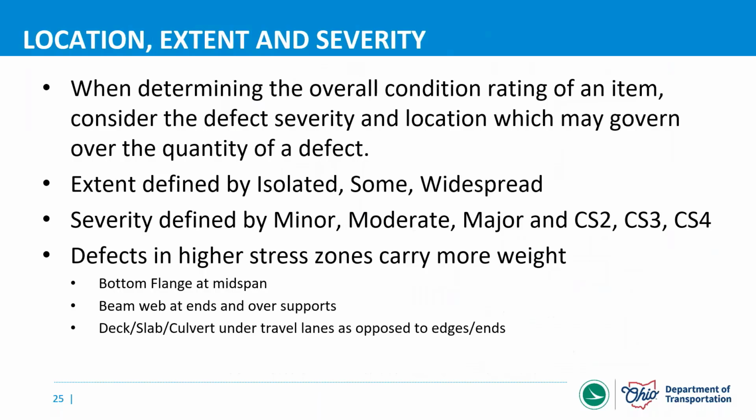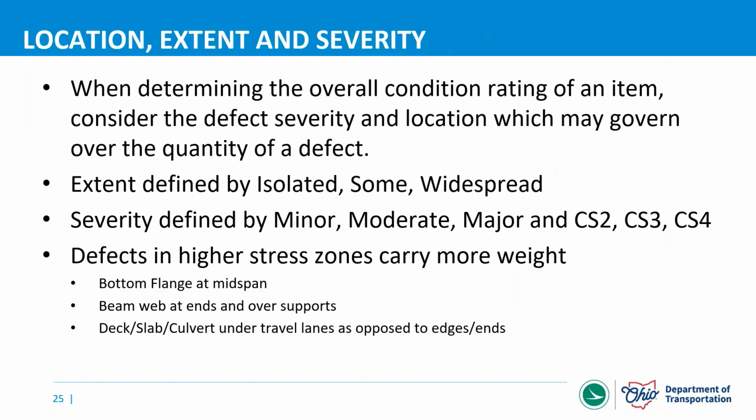So touching on location, extent, and severity. When determining the overall condition rating of an item, consider the defect severity and location, which may govern over the quantity of a defect. So the extent is defined by isolated, some, and widespread. Those are terms straight from Federal Highway. Severity is defined by minor, moderate, or major, or CS2, CS3, CS4 for element level rating.